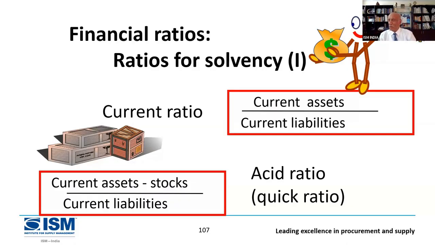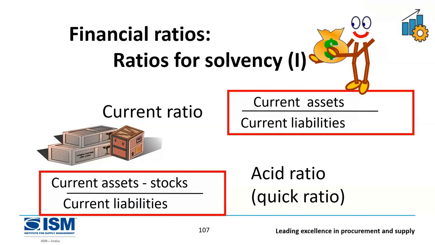Similarly, since some assets may be useless, we can say current assets minus stocks divided by liabilities. If this is more than one, certainly the company is fine. In many places we have gone even with this one. So that shows the ratios for solvency. If the company has enough assets and liabilities are less than that, great.